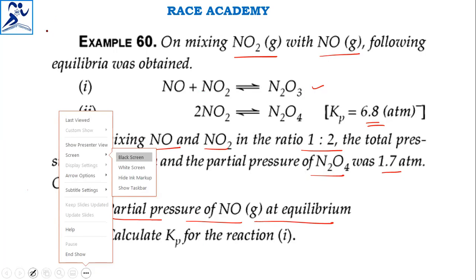So if you write the synthesis of dinitrogen tetroxide equation, that is 2 moles of nitrogen dioxide in equilibrium with dinitrogen tetroxide. For this, the Kp value given is 6.8 atmosphere inverse.